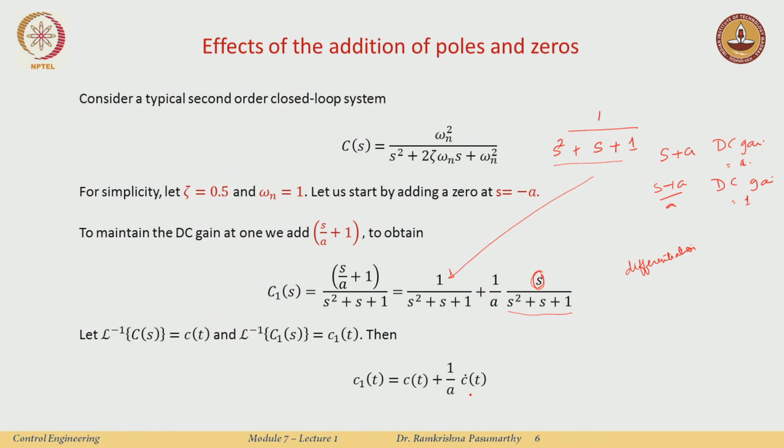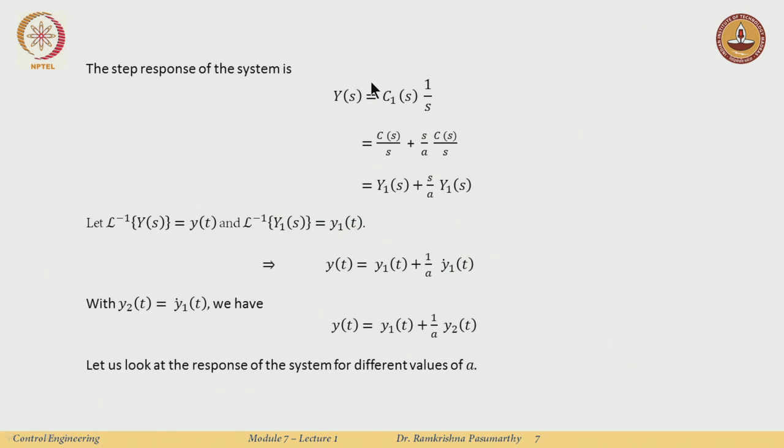Okay. Now, what happens to the response? Well, just for simplicity, take the step response. So, Y of s is C1 of s times the unit step, which has a Laplace transform of 1 over s. So, this is C of s over s plus s over a times C of s by s, right. So, where does this come from?